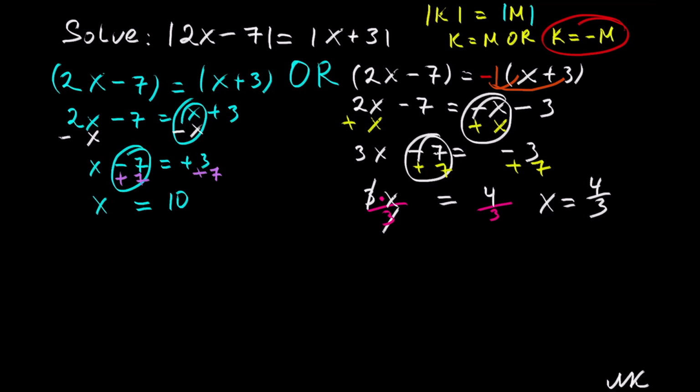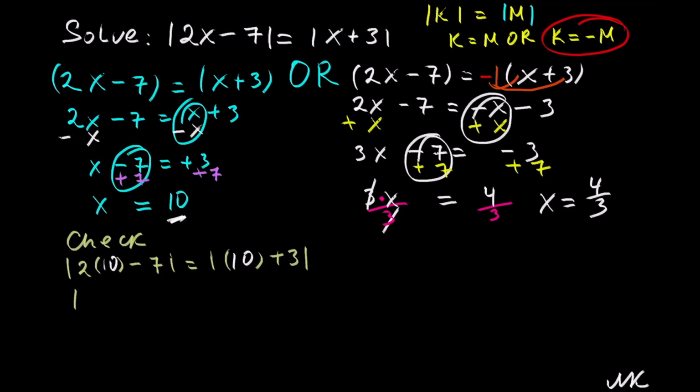Now we have to check our solutions. So let's check x equals 10 by plugging it into absolute value of 2 times x minus 7 equals absolute value of x plus 3. And we plug in 10 instead of x.